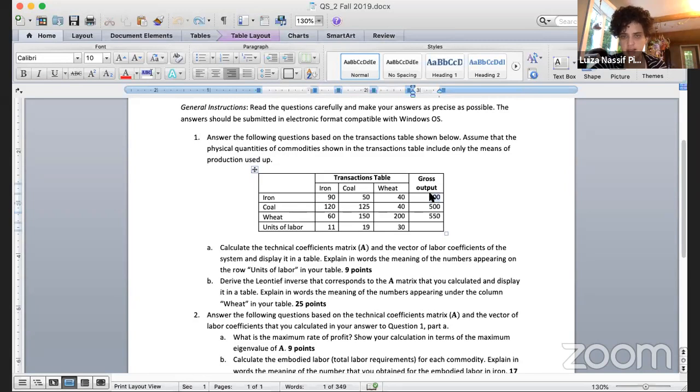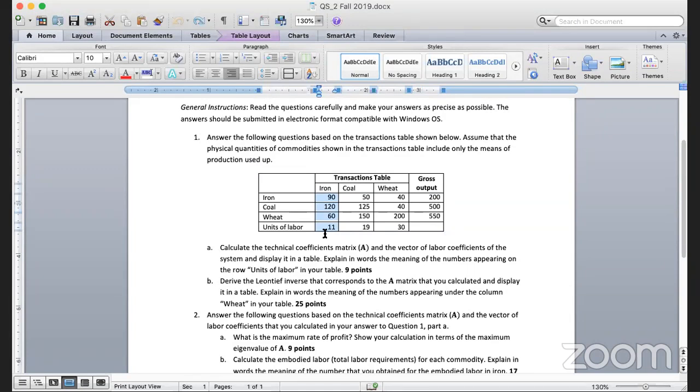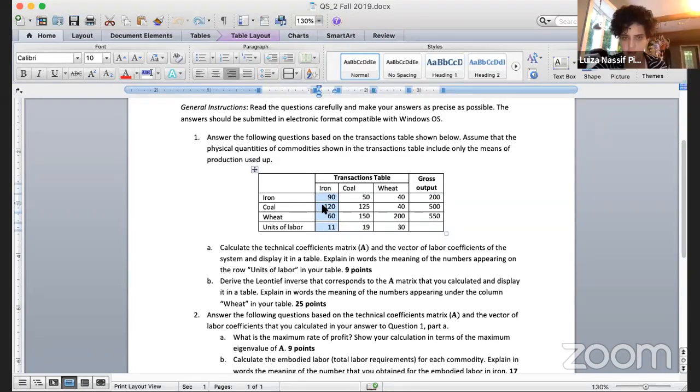Row-wise you can sum, because all of these are quantities of iron. But column-wise you can't really sum, because each is measured in a different quantity. So when you're summing these, you're saying 90 of iron, 120 of coal, 60 of wheat, and 11 of labor goes into producing 200 of iron, which really doesn't mean that there is no leftover.